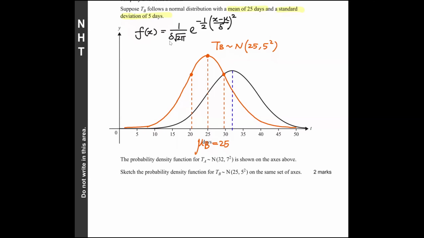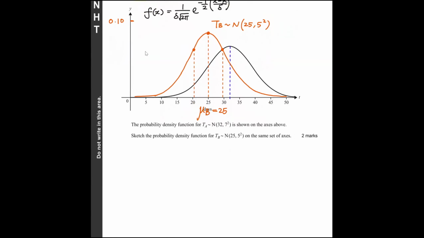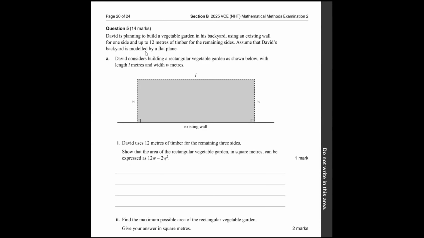So you might want to slot in a 5 here, a 5 here, and a 25 here. And for the black curve, it's 7 here, 7 here, and a 32 here, and plot them. Make sure you realize it's roughly 0.10 here, okay? So that gives you a good scale to look at the graphs. All right, I'm going to finish that up.